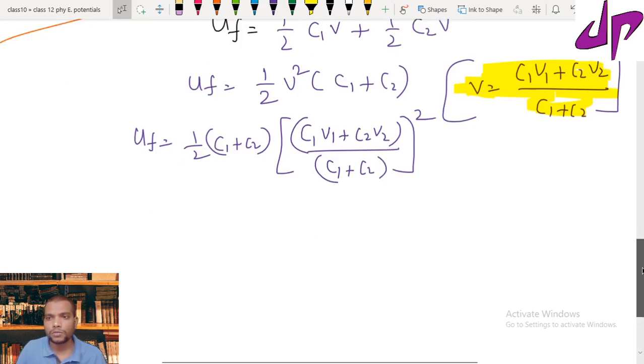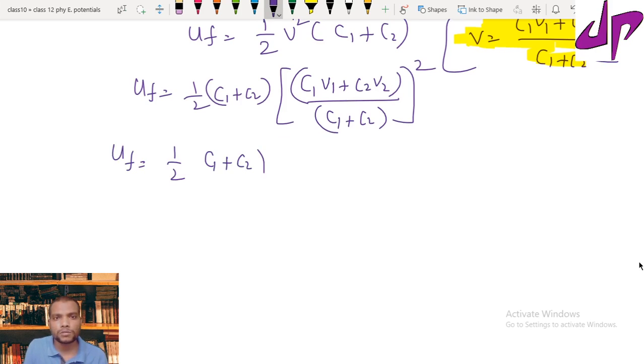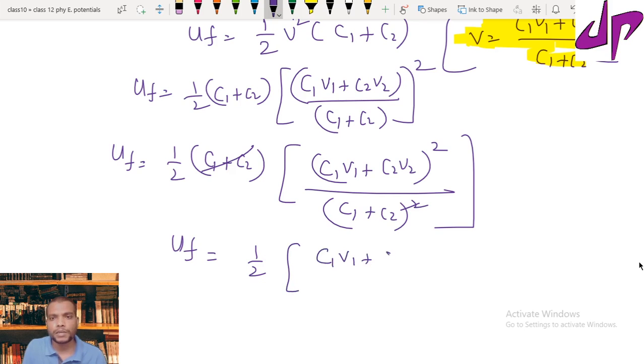Now with a little simplification, UF equals half C1 plus C2 of C1 V1 plus C2 V2 whole square upon C1 plus C2 whole square. So you can remove one of the terms here. So the final potential energy equals half of C1 V1 plus C2 V2 whole square upon C1 plus C2.